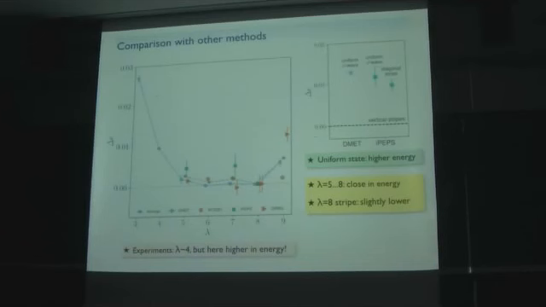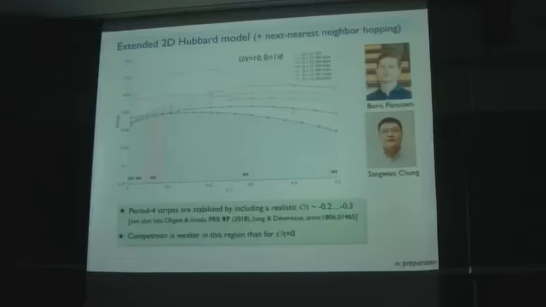Now, one issue of this data is that the typical stripe period observed in experiments is period 4, and the period 4 stripe is clearly higher in energy than these other periods here. And the question is then, can we get another period if we move towards a more realistic model of the cuprates? To get more insights into this, we started looking at the extended 2D Hubbard model.